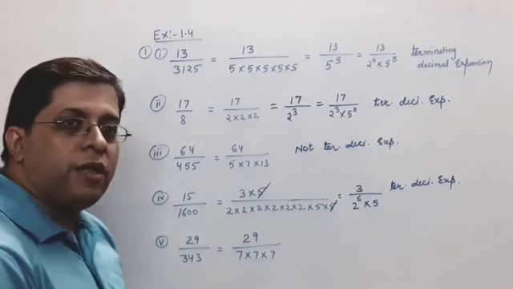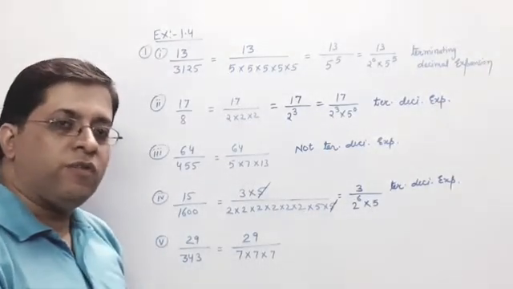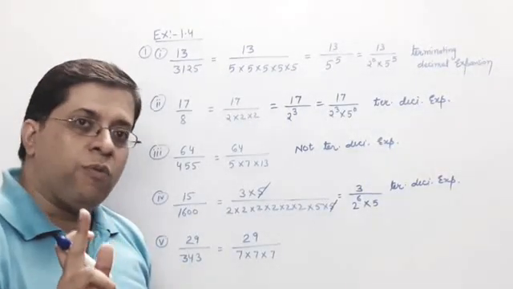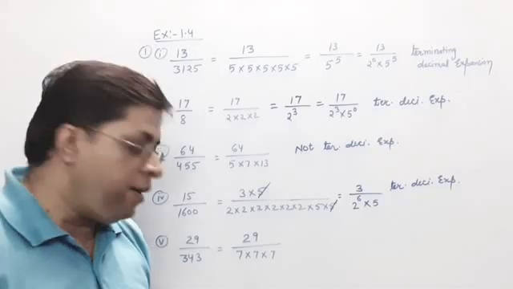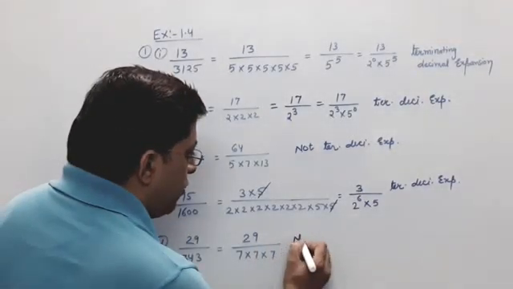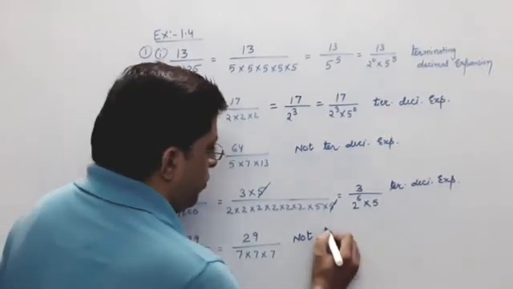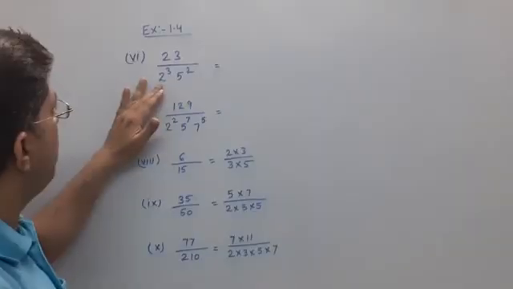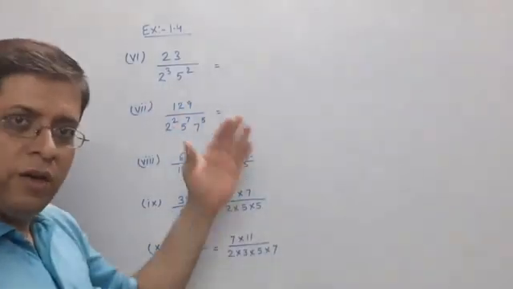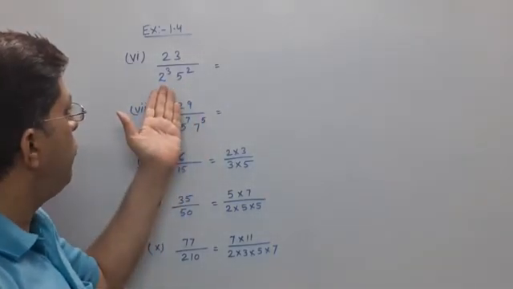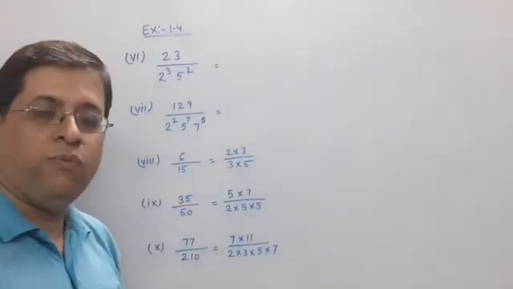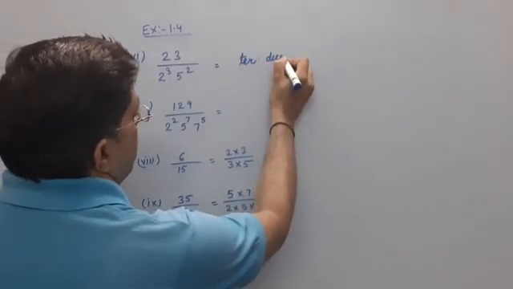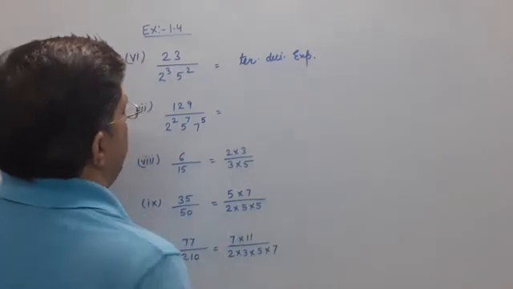Come on to the next. 29 upon 343. What are the prime factors of 343? 7 into 7 into 7. But the denominator is not in the form 2 power m into 5 power n. So it will not be expressed as a terminating decimal. On 2 power 3 into 5 power 2, it is very clear: the denominator is in the form 2 power m into 5 power n, so you can write it is a terminating decimal expansion.